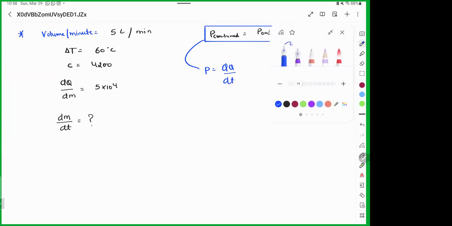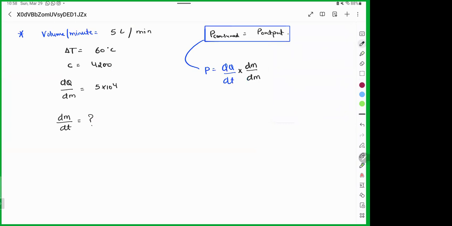Power consumed, if you multiply with dm and divide by dm, remains the same power. dq by dm value is given to us, and we have to calculate dm by dt, which is also equal to power, is equal to dq by dt. dq value is mc delta t by dt.